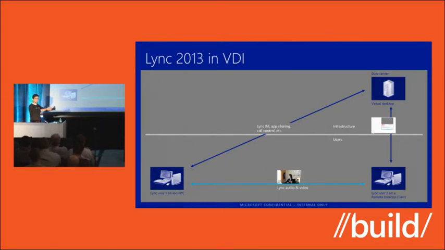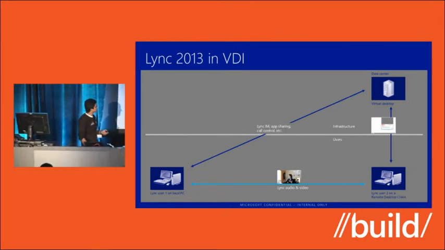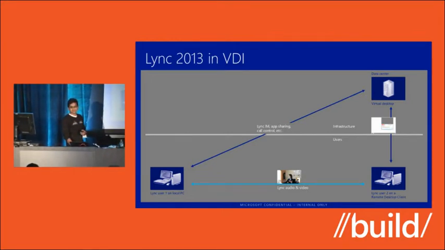Though Link is running in the remote session, if I place an audio video call, the audio video data is directly communicated between the other user and my client. It doesn't have to go through the data center, get rendered there, and then remoted back. So this improves the experience, and it matches the local experience that users have with Link audio video. I'm going to skip through that.